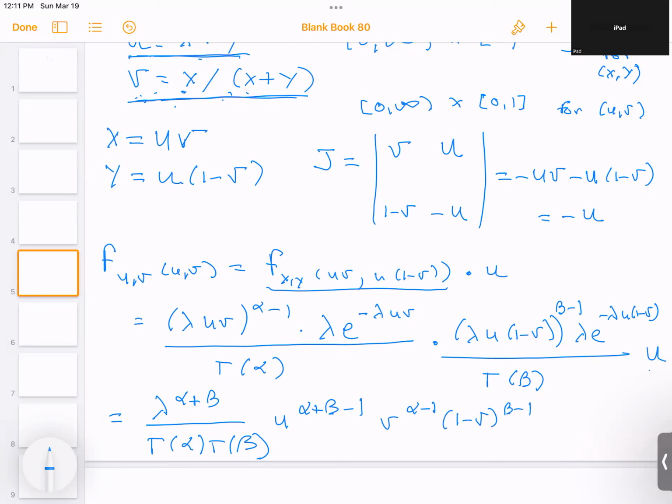And I'm still missing the exponential term, but the exponential term is e to the minus lambda u, e to the plus lambda v times e to the plus lambda v. And over here, I have e to the minus lambda uv. I'm sorry, this would be e to the plus lambda uv, e to the minus lambda uv. So those go away. So I just get e to the minus lambda u, I think. Yes.